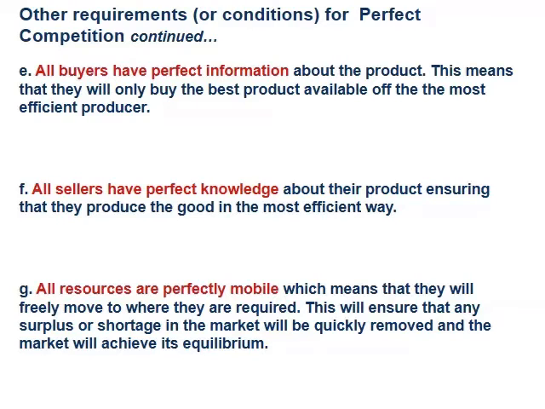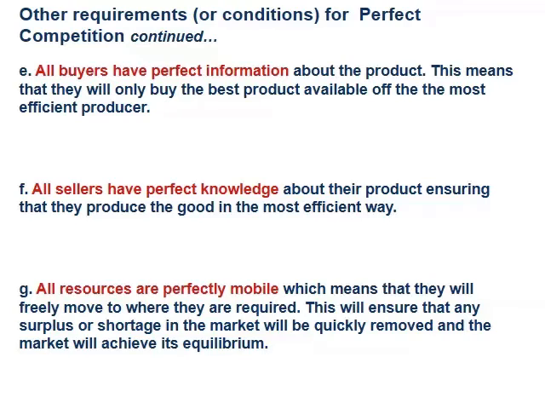3 more requirements that we will revisit when we begin section B to look at market failure. But for a market to be perfectly competitive, all buyers have to have perfect information about the product. That means only buy the best product available.